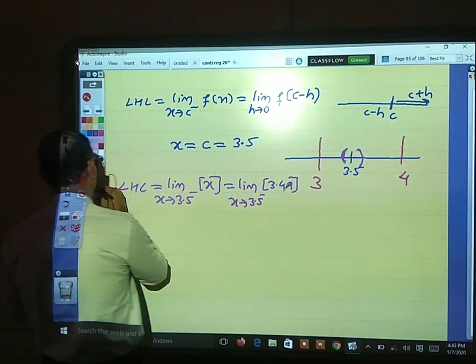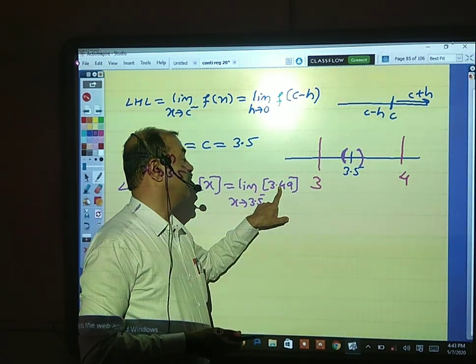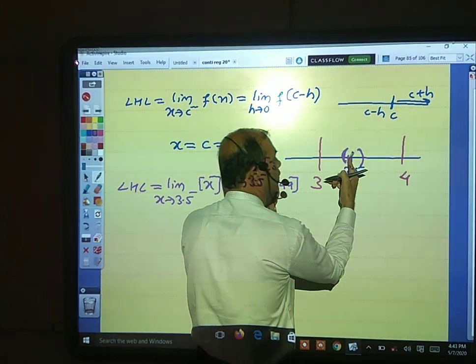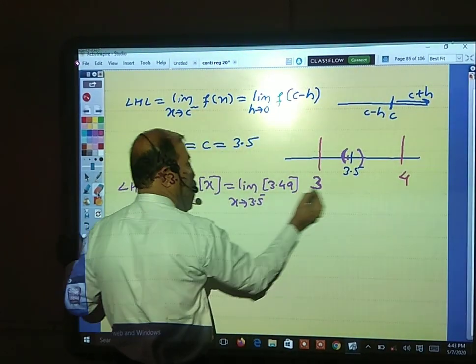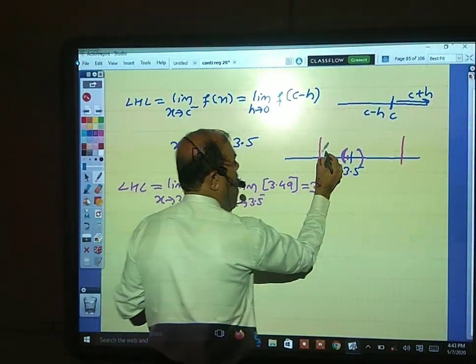Tell me, what is the greatest integer less than or equal to 3.49? If we take the integer less than 3.49, what should come? 3 should come. So this is equal to 3.